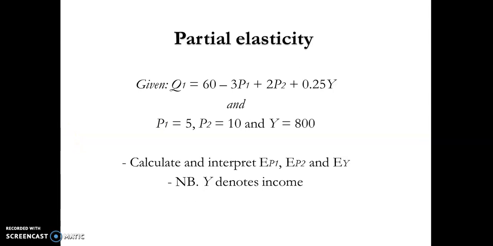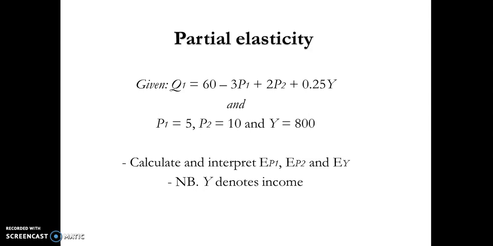So here we have an example. You have your function Q is equal to 60 minus 3P1, where P1 is the price of Q1, the good, plus P2, which is the price of the related goods, plus 0.25Y, and that Y represents income.